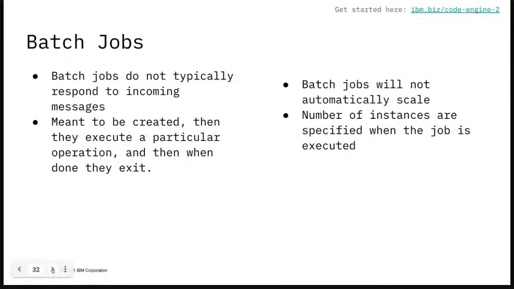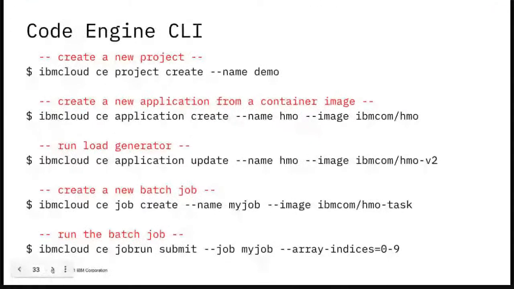Now, one thing I want to show you here to give you an example of. In addition to our IBM Cloud CLI, and just like we have our OpenShift cluster CLI and kubectl, we have a Code Engine CLI as well.